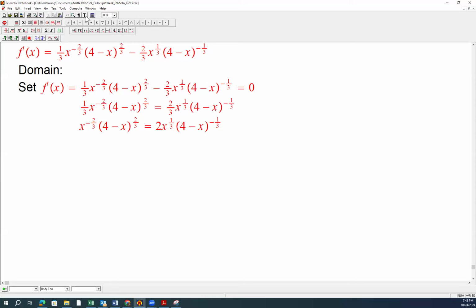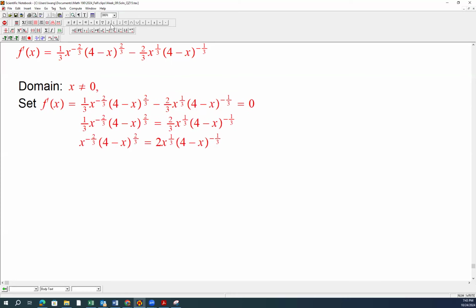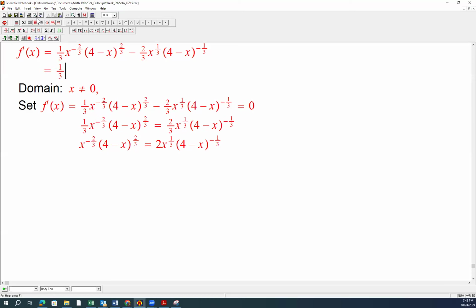So in this case, x is going to be in the denominator, so x cannot be 0. Second, 4 minus x to the power negative 1/3. 4 minus x cannot be 0, because a negative 1/3 power is going to be 1 over 4 minus x. Okay, so I'm going to rewrite this so you know exactly what I'm talking about.